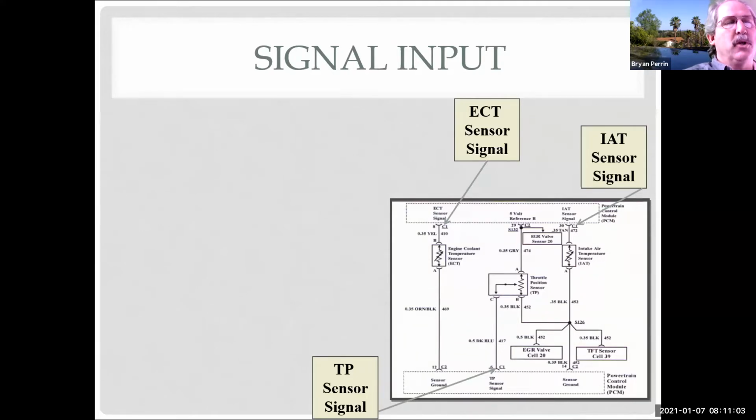If we look at those circuits, they're exactly the same. So they both go to ground and they both have a sensor signal. So once we learn that circuit, it's really easy to look at this. And we use these for transmission temperature, all kinds of things, to look at and go, oh, I know how that works and how to test it.